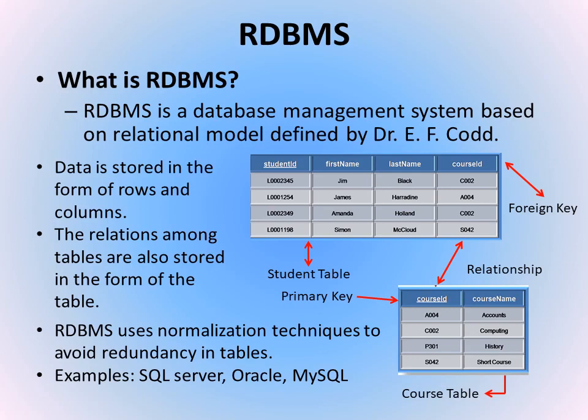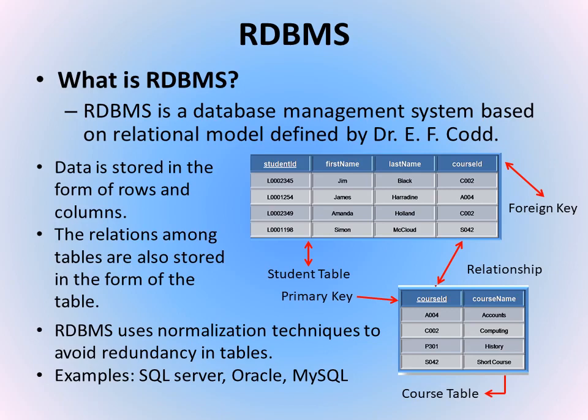Data is stored in the form of rows and columns. So as shown in the figure, the students' information is stored in the student table in the form of rows. That is, the record of each student is stored in the form of a row, and each row consists of several columns. Similarly, the first name column will store the first name of all the students.